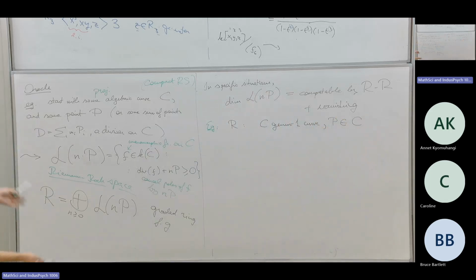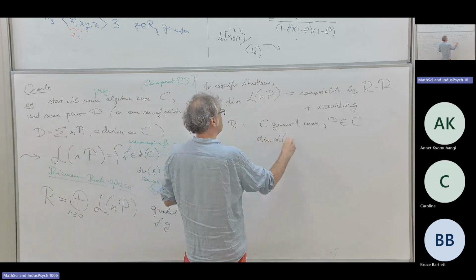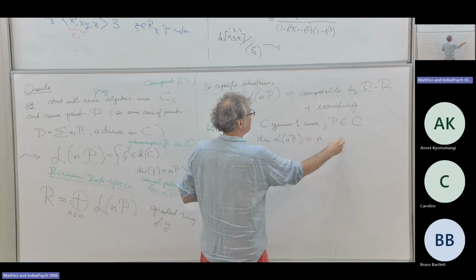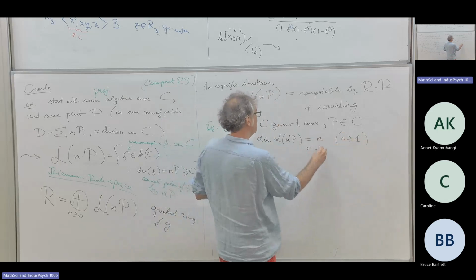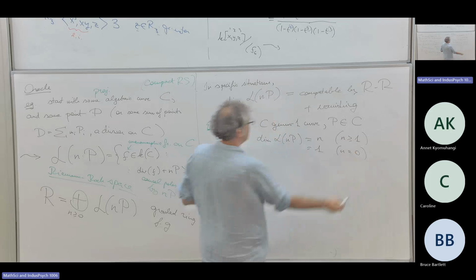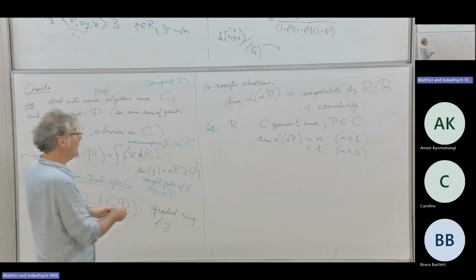And then you just write down Riemann-Roch for genus 1, and you get that the dimension of L(nP) is exactly n for n greater or equal to 1, and is 1 for n equals 0. So these are exactly coming from Riemann-Roch. The oracle was the Riemann-Roch theorem in algebraic geometry.